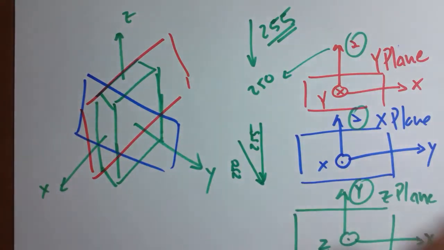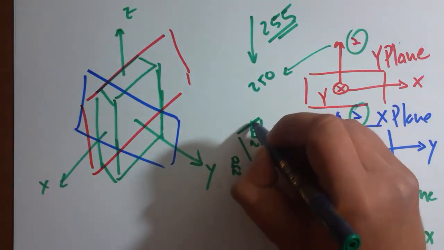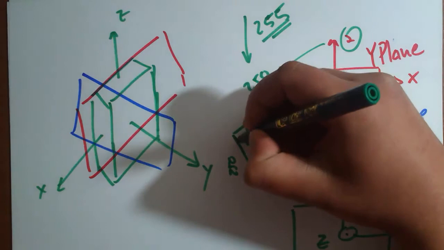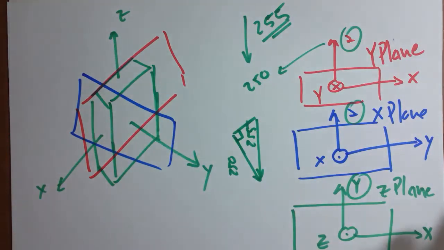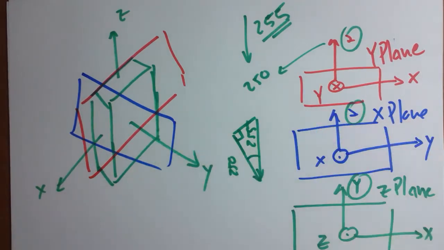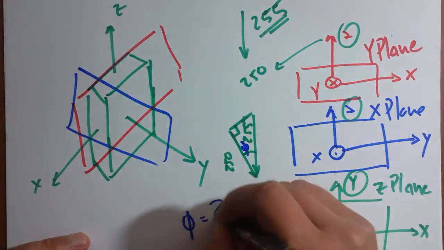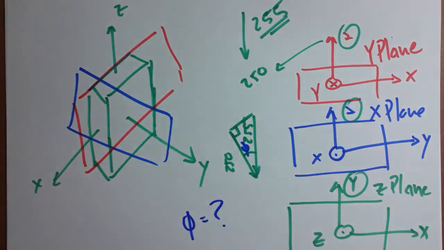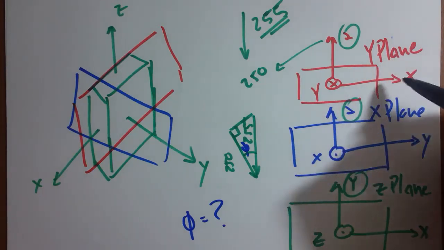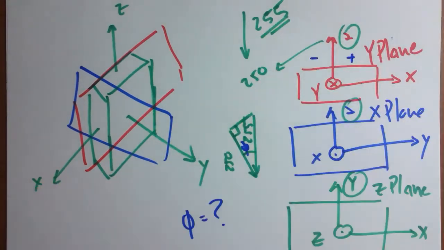So I need to calculate which angle this is using trigonometry, and then use the X value to determine if it is on the plus side or the minus side.